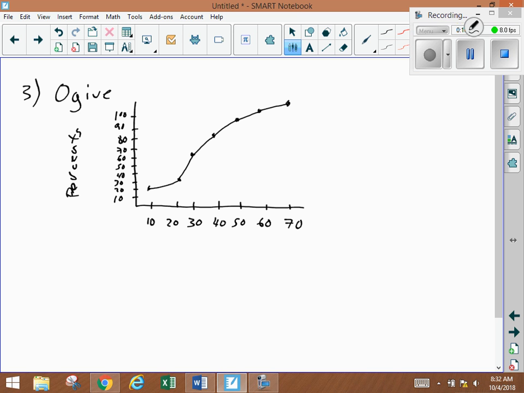Okay. What if I needed to estimate the number in the sample based on this information? In the sample, so I'm going to say, like the total number, right?